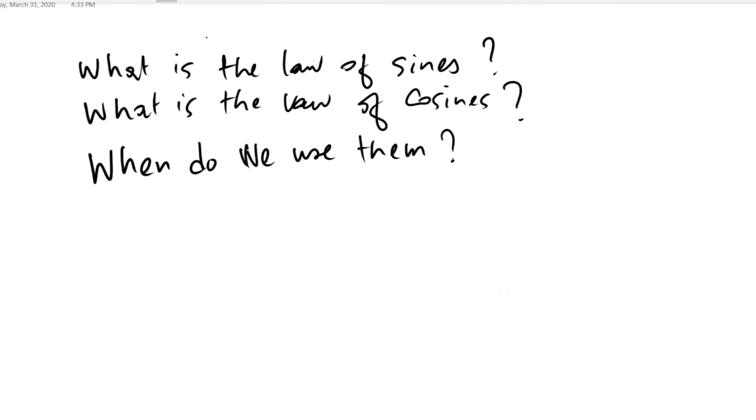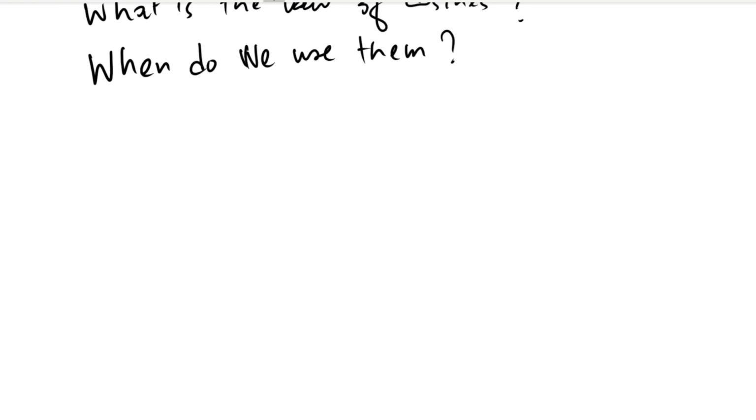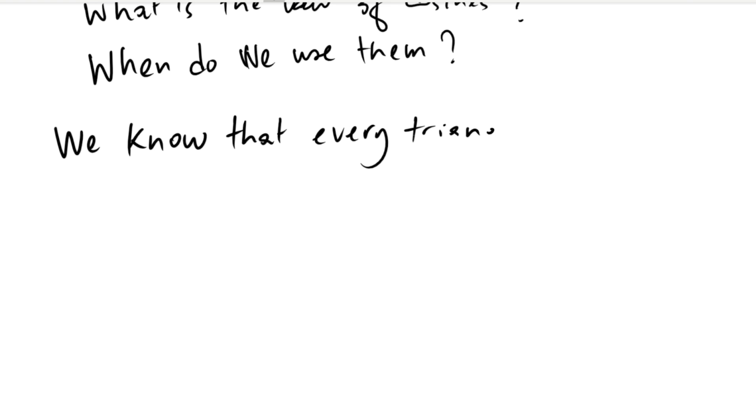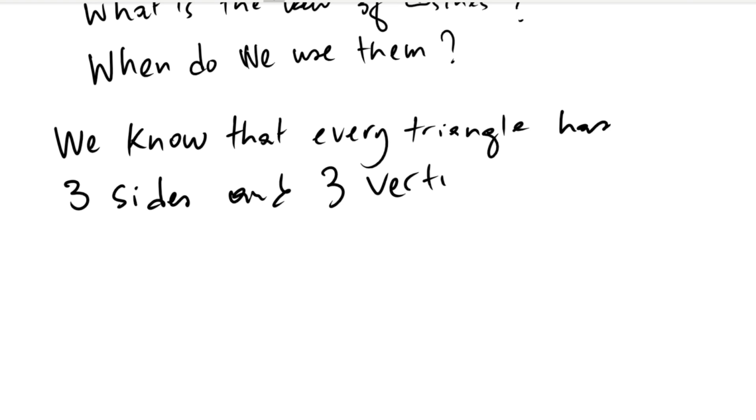So now, before I actually talk about it, I'm going to just give you the simple definition of a triangle, right? Because all of these are just triangles. So we know that every triangle has three sides, which they also call side lengths, and three vertices, and we usually call these vertices angles.